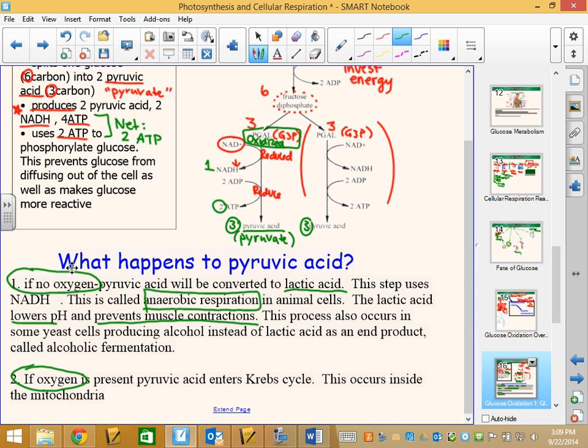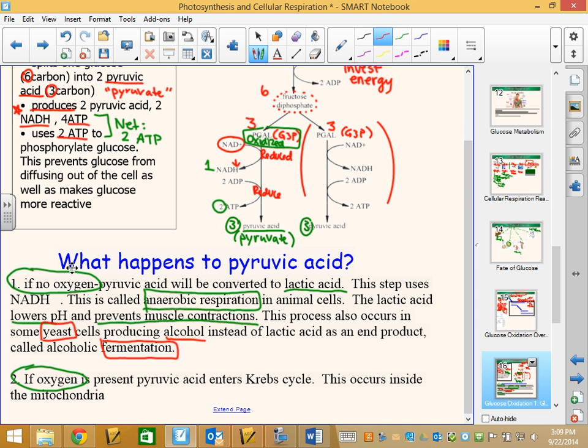If there's not enough oxygen, this process doesn't just have to happen in animal cells. It can also happen in cells like yeast. Yeast cells could produce alcohol instead of lactic acid, and we would call that fermentation. So the process by which, let's say, wine is made is called fermentation.